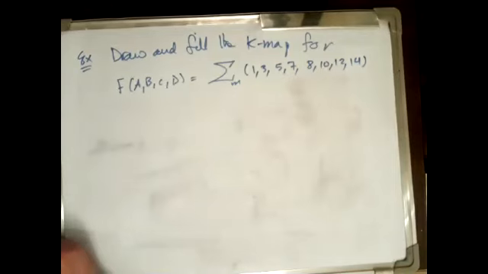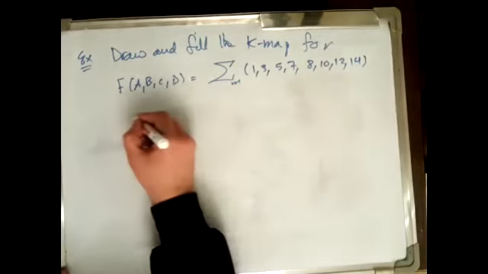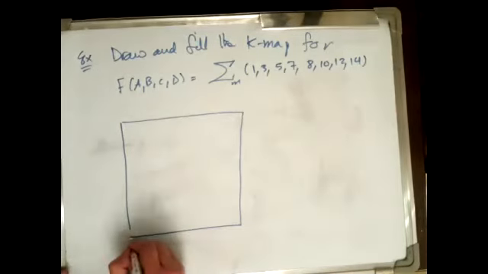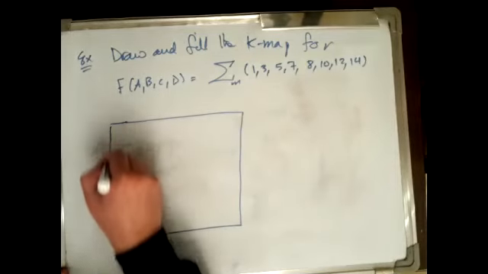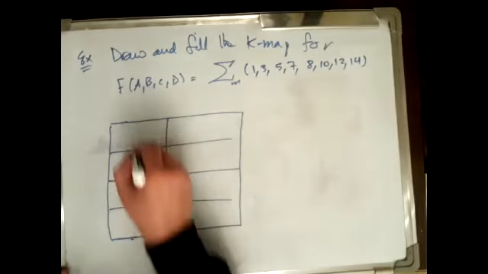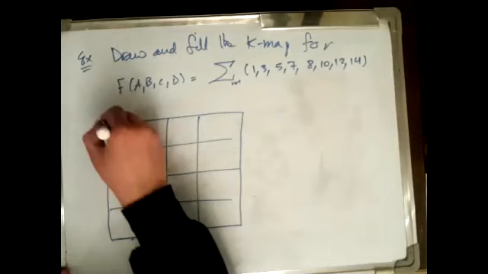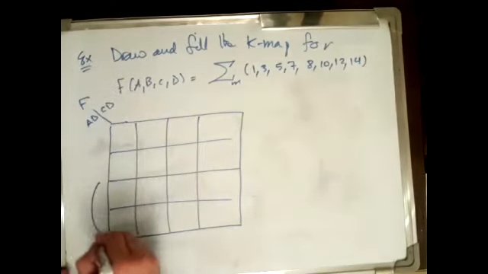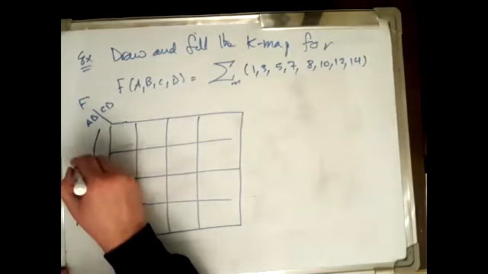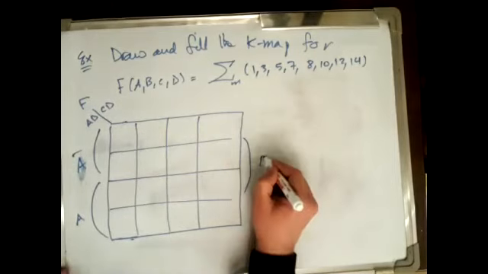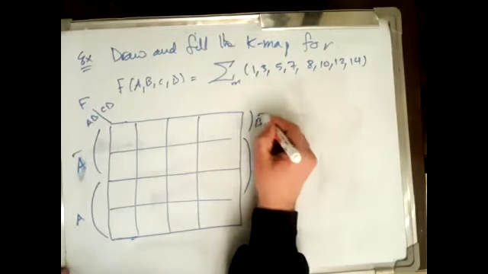So let's draw the map. For the 4 variable K-map, F of A, B, C, D. This is A bar, and A. B, B, B bar, B bar.